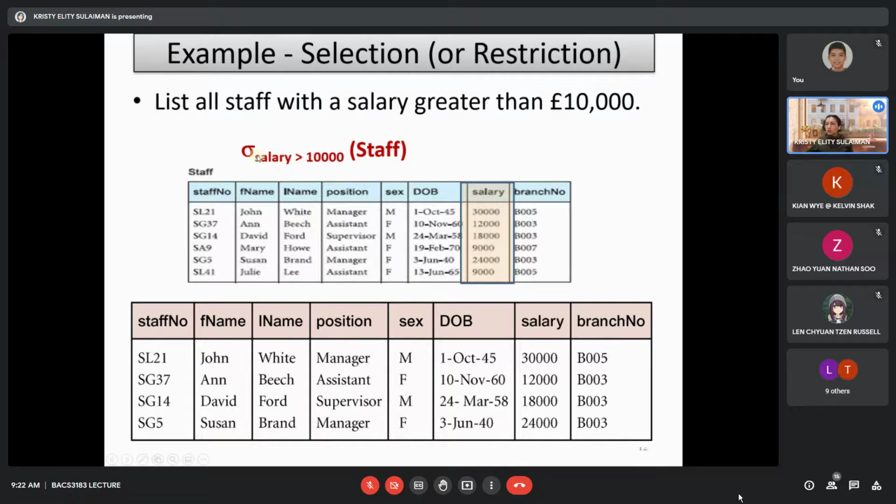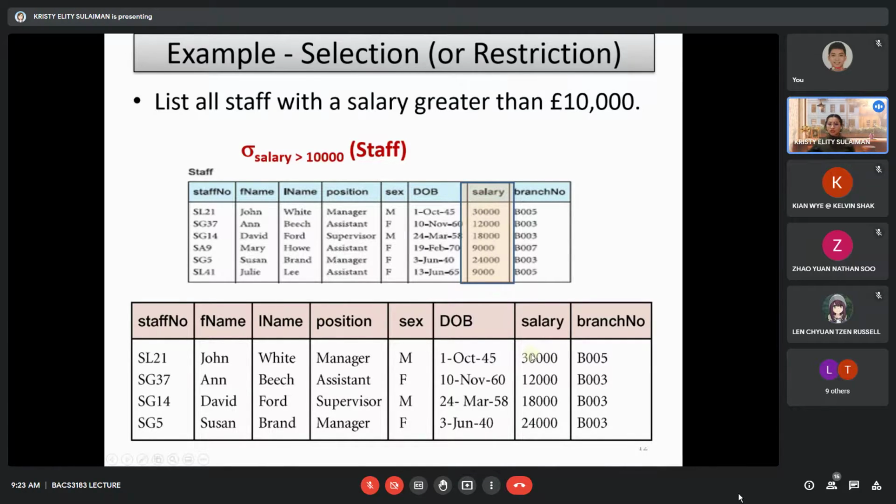When this operation is run, it looks at the salary values and provides only those staff rows that have a salary greater than 10,000.